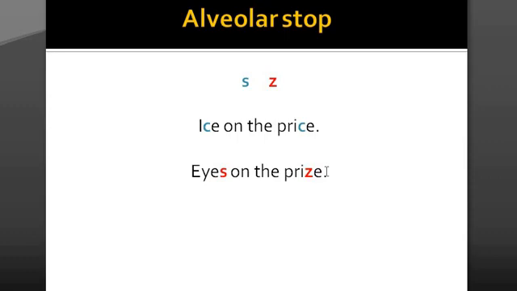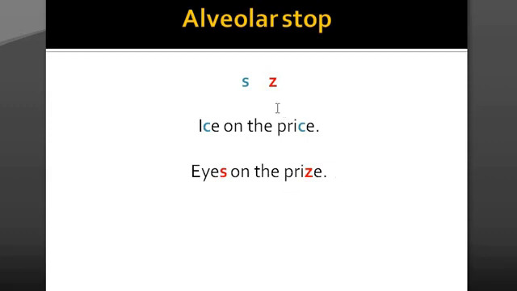So if you say S, price, it's a different word, different from Z, prize. Same for ice, eyes. So think about what sound should I pronounce, and remember how to pronounce each sound.